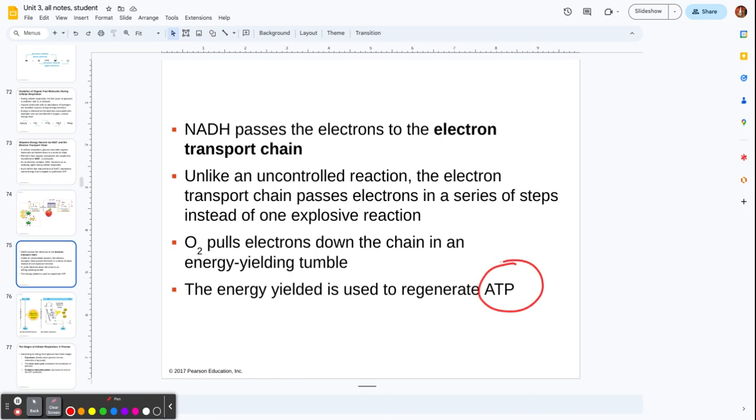We have to set up what reduction and oxidation are before we can start talking about the actual stages of cell respiration. The electron transport chain, sometimes I call it ETC, will happen down the road. Probably not in the next lecture, but the one after that.